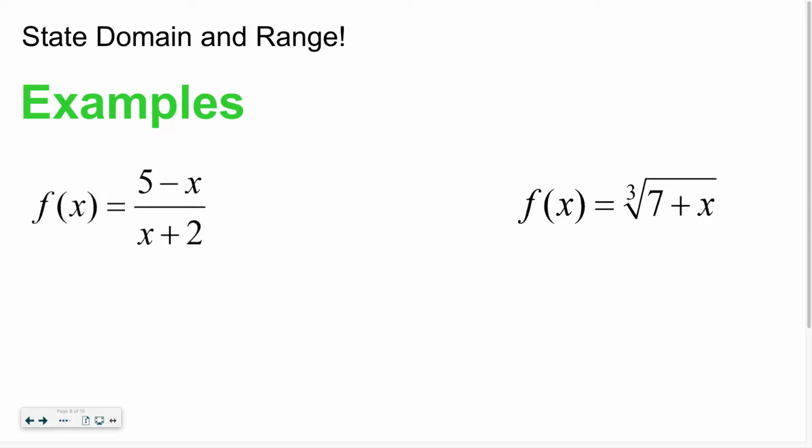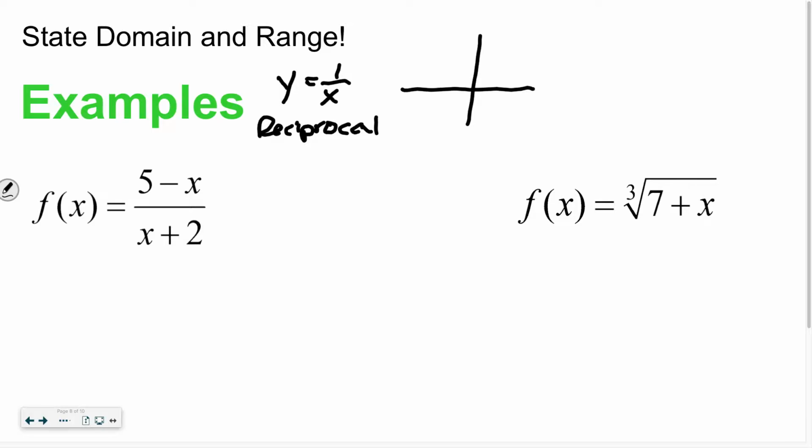So the rational function on your 8 basic function sheet is called the reciprocal function. And when you drew that parent graph, it looks something like this. Do you remember that on the 8 basic function sheet? So if I am giving you a rational function, one that looks like a fraction in chapter 1, it's going to pass the horizontal line test.